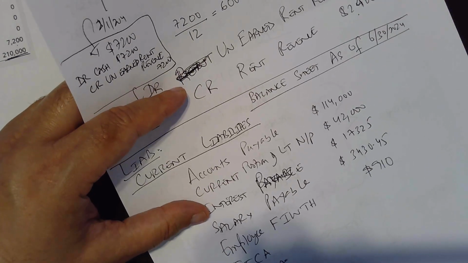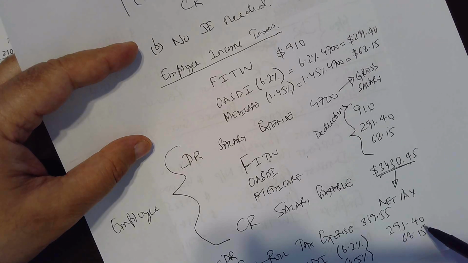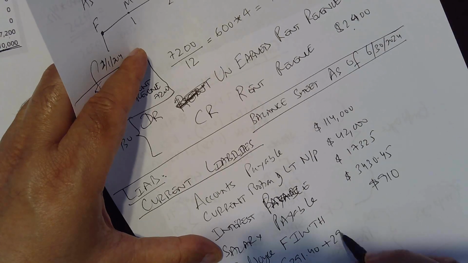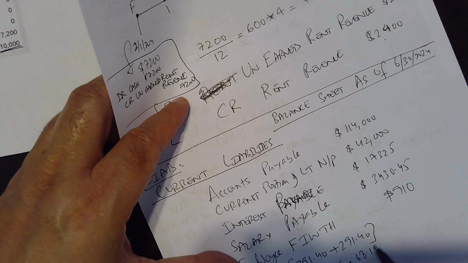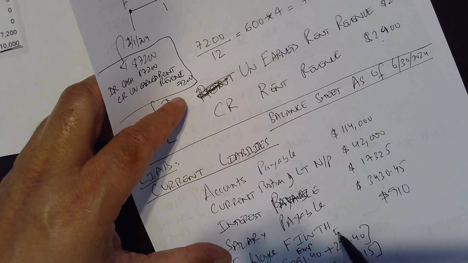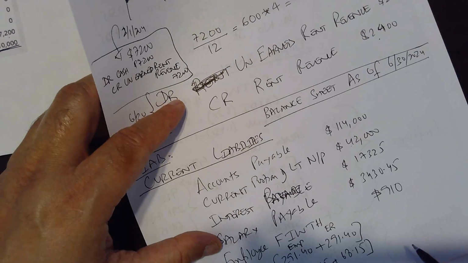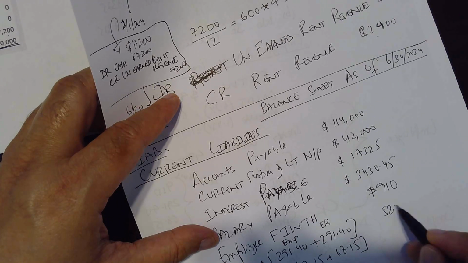The FICA we have calculated was $291.40 for the employee and $291.40 for the employer, and Medicare $68.15 plus $68.15, because it's an employee and an employer portion, but both portions have to go to the Social Security Administration and Medicare Administration. So that will be $582, and this one will be $136.